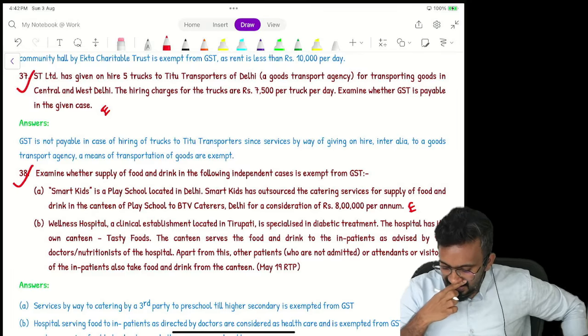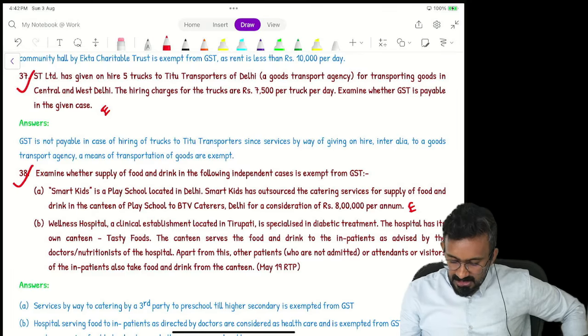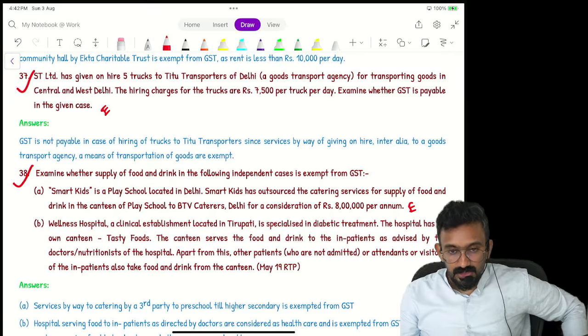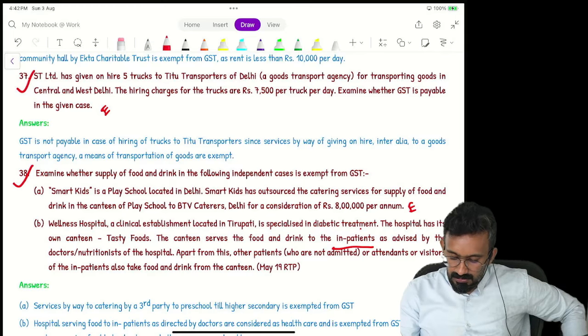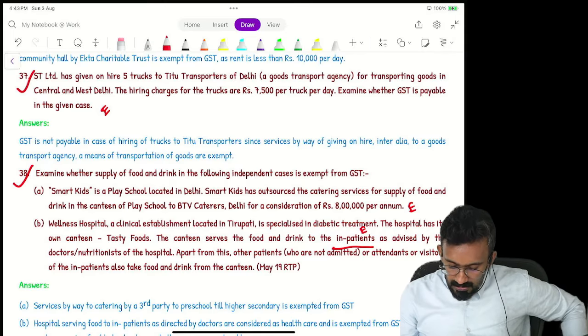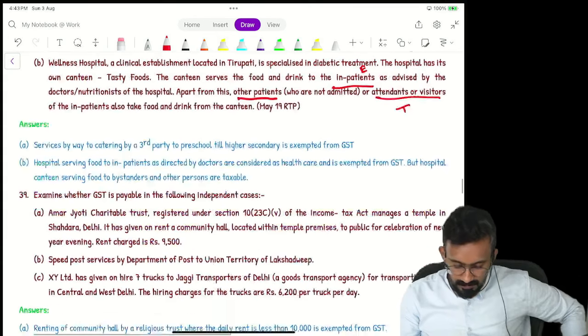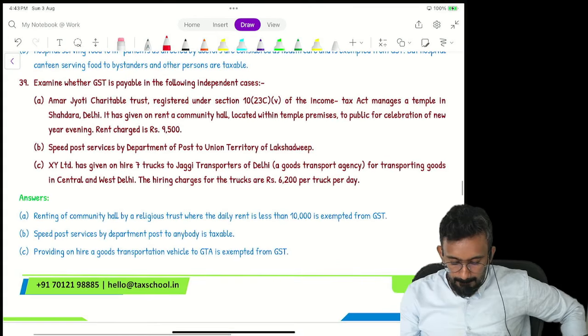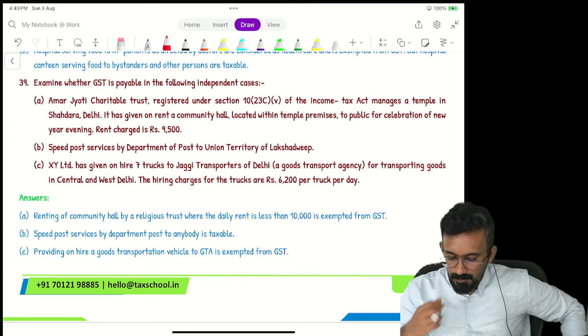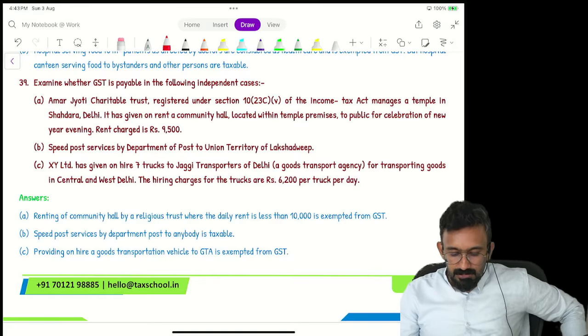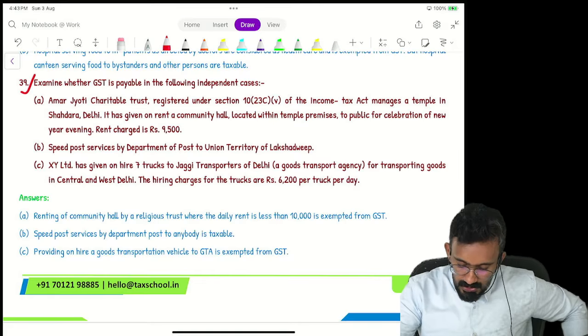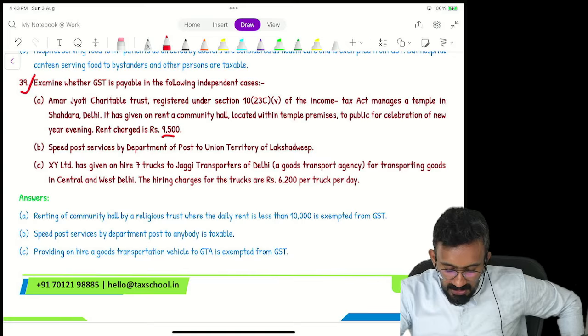Wellness Hospital, a clinical establishment in Tirupati specialized in diabetic treatment. It has its own canteen, Tasty Food. It serves food to inpatients and also other patients not admitted and attendants and visitors. Taxable. Amar Jyoti Charitable Trust, registered under 12AA, 9,500 rent.